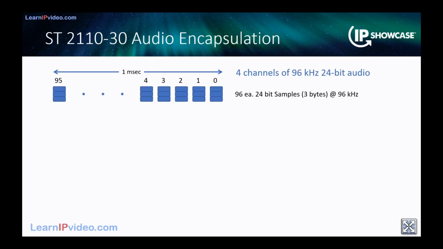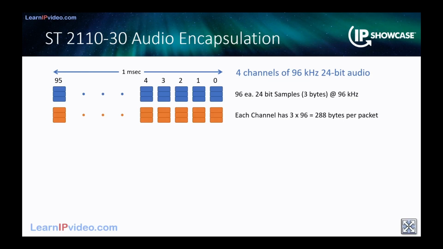So 1 millisecond at 96,000 samples per second is 96 samples. So I have to fit 96 3-byte numbers because each sample is 24 bits. 24 bits is 3 bytes. So hence you see 96 sets of 3 rectangles. Each one of those represents an individual audio sample.